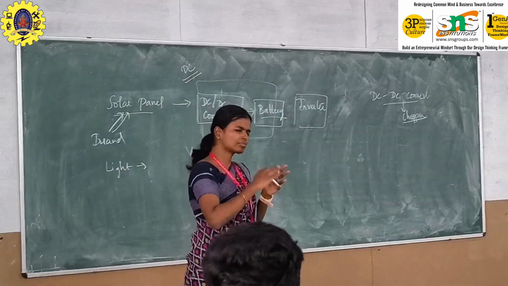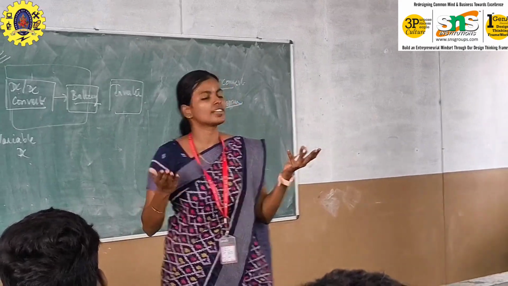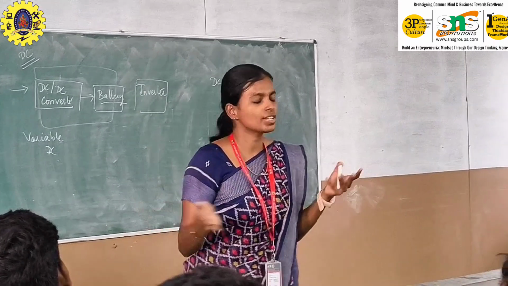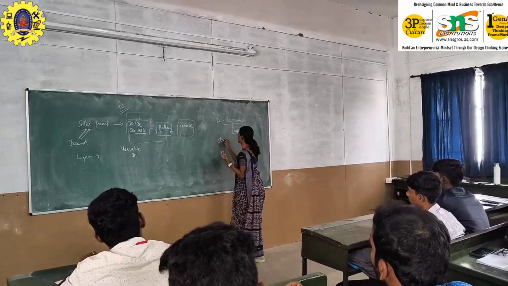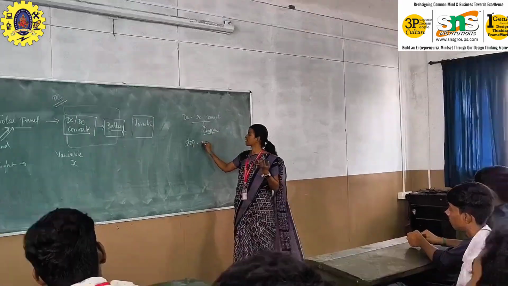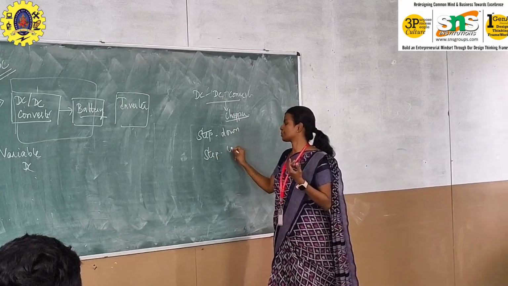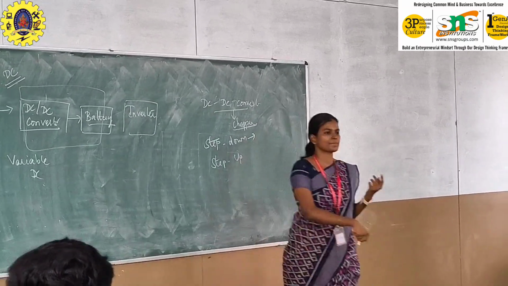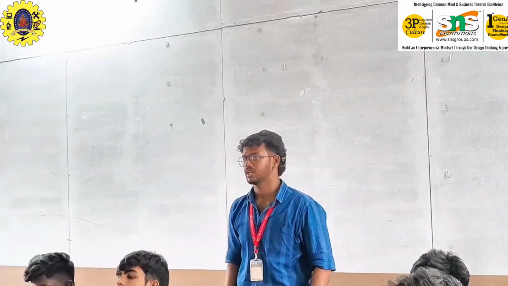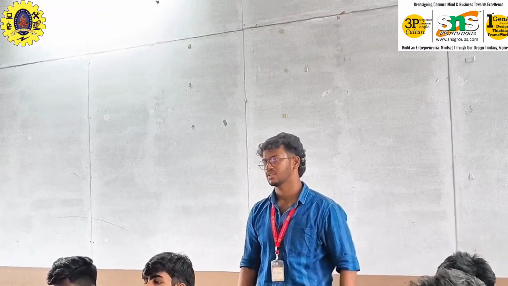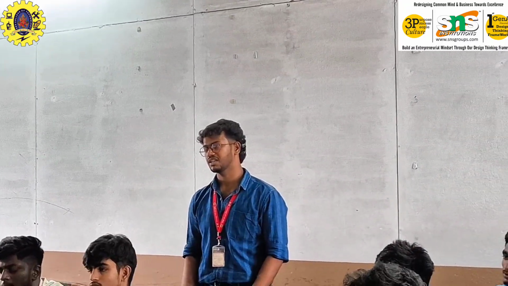Normally we use a DC to DC converter in every source and every appliance. What are the types of DC to DC converters? Among choppers, you have step down chopper and step up chopper. What does a step down chopper do? The boost converter steps up, it increases.